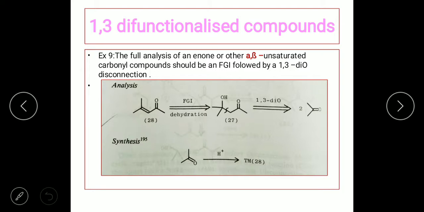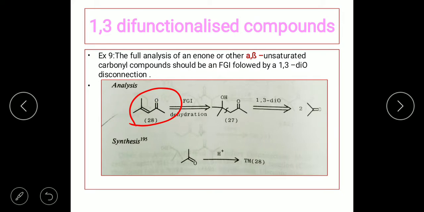Example 9. The full analysis of an enone or other alpha beta unsaturated carbonyl compounds should be a functional group interconversion followed by a 1,3 diO disconnection. So far we observed 1,3 difunctional compounds, and we also saw beta hydroxy ketones. Now we will look at this alpha beta unsaturated compound.